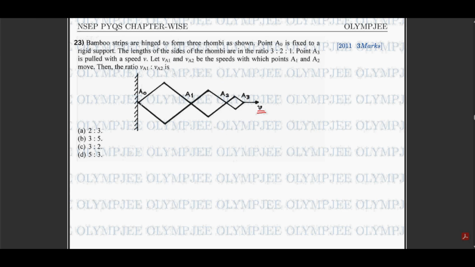We already solved a question like this where we wrote the coordinates of the joints. Again, we are going to do the same thing. So we can assume the length to be 3L, 2L and 1L because it is given 3:2:1. So I have taken the constant L, and we have also taken the angle to be theta.